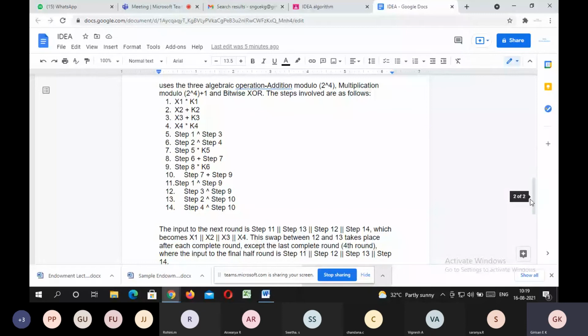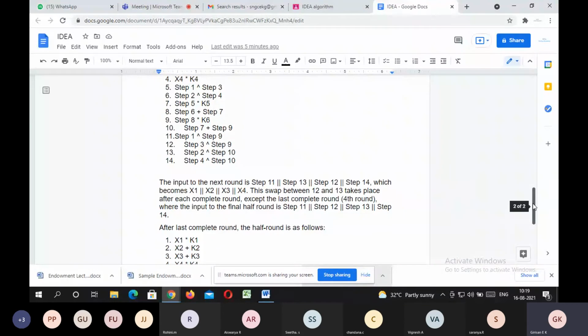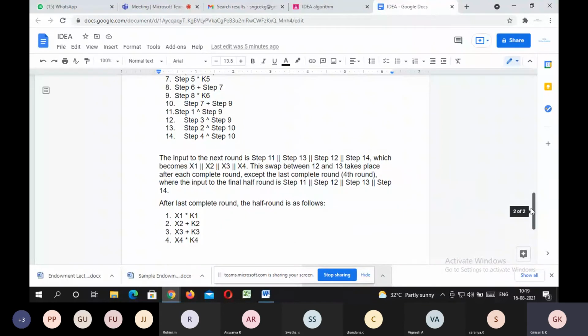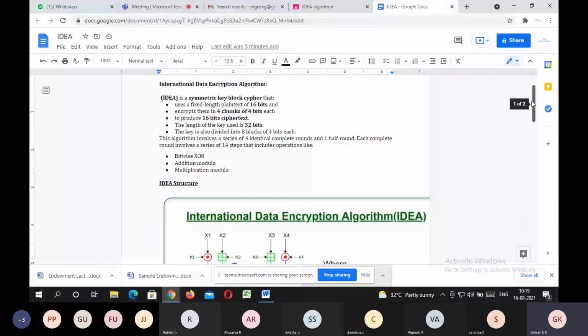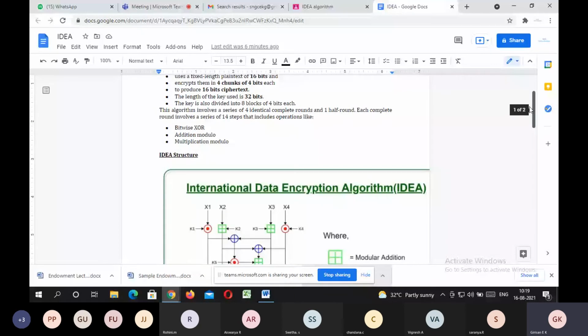These are the 14 steps that are done by the IDEA algorithm. Now this is for one round. Like that it undergoes until all the plain text has been converted into ciphertext.